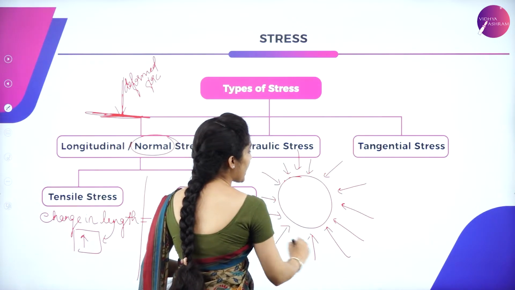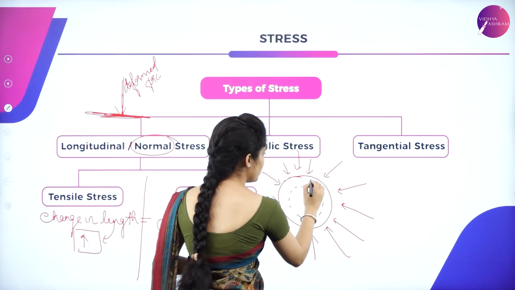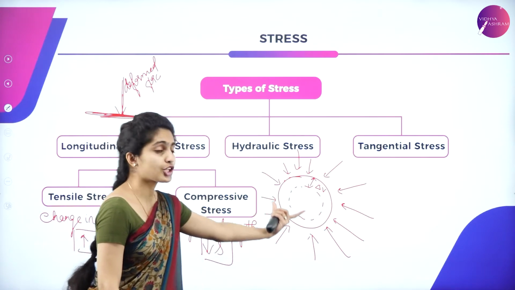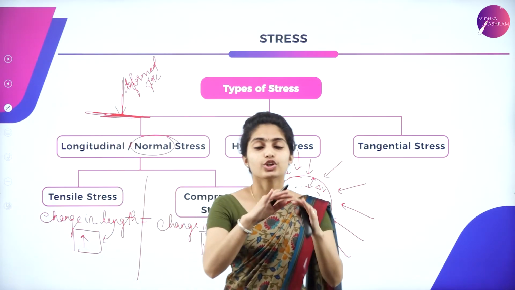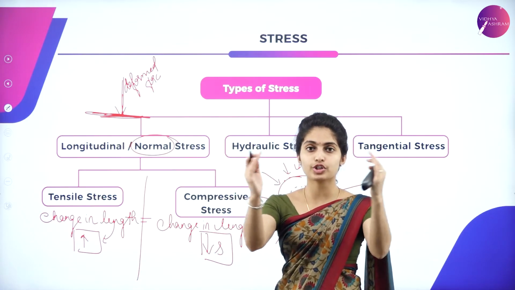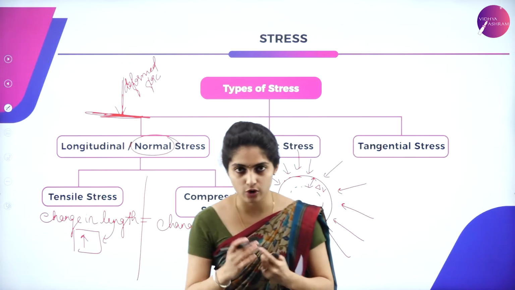What happens to the object? It changes its volume. Such a kind of stress is said to be hydraulic stress. That is the total external force acting on a solid object in order to deform it.